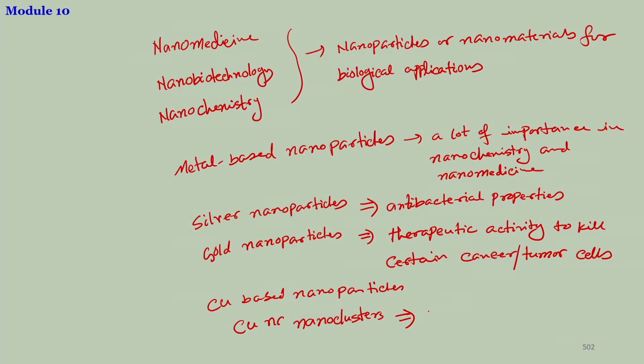In general, I will write biological activities. A lot of cellular studies have been performed using the copper nanoclusters. And today a lot of people are trying to develop even iron nanoparticles. Iron nanoparticles have one particular property, that they are magnetic in nature.